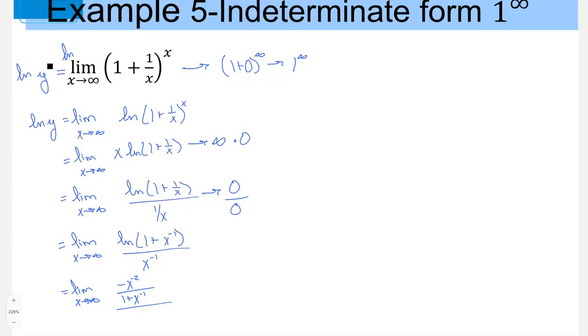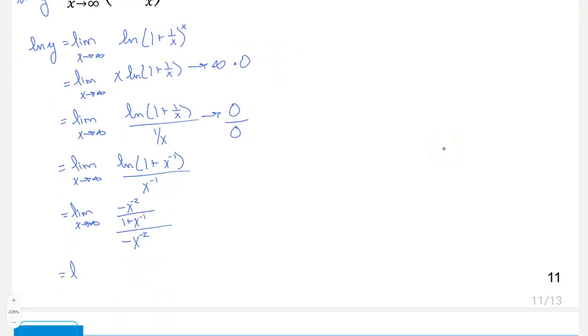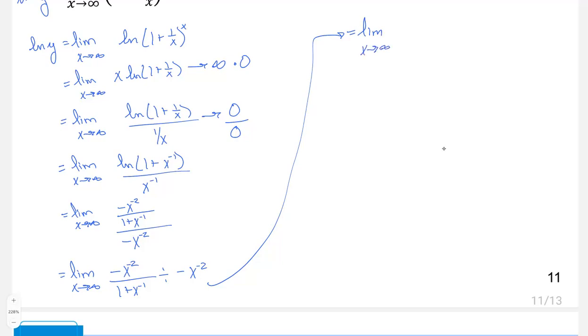And the derivative of the bottom is going to be negative x to the negative 2. So this is really this guy. And then when I do keep, change, flip, you're going to see how I'm going to be able to cancel that negative x to the negative 2.